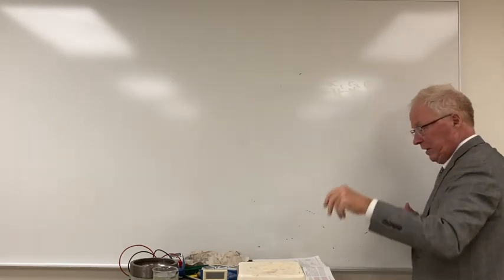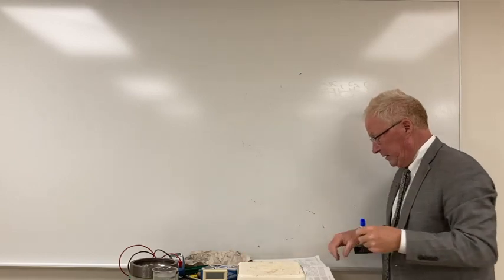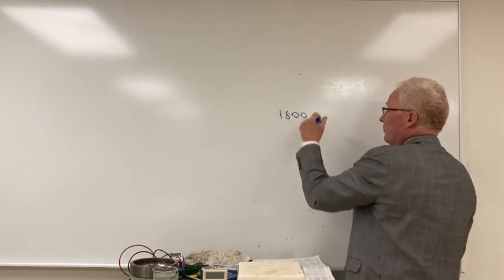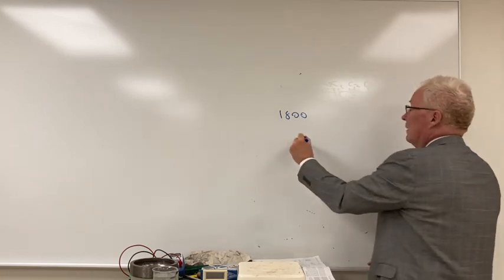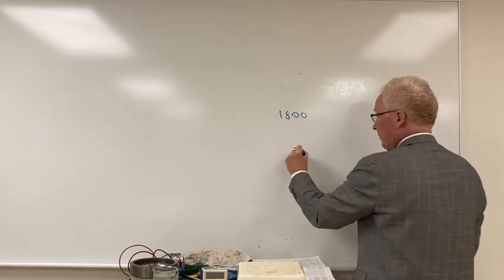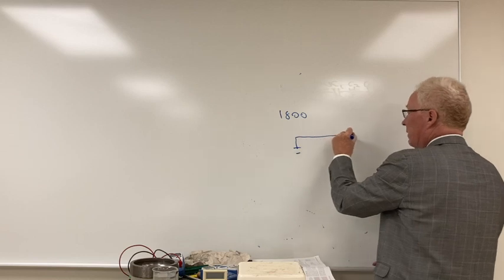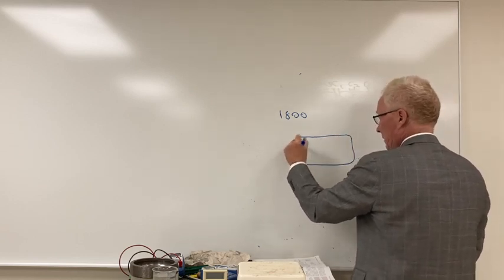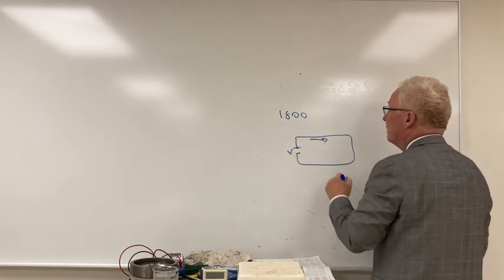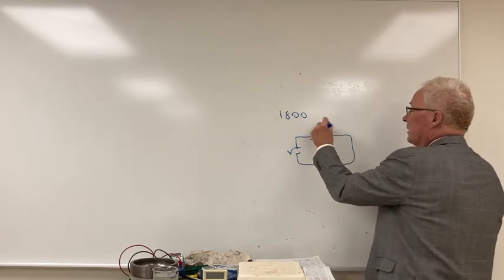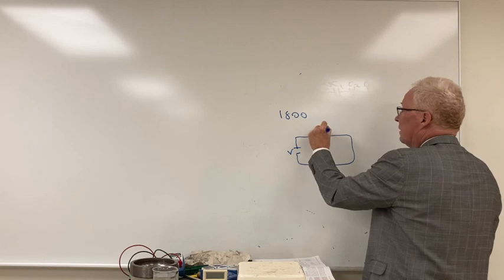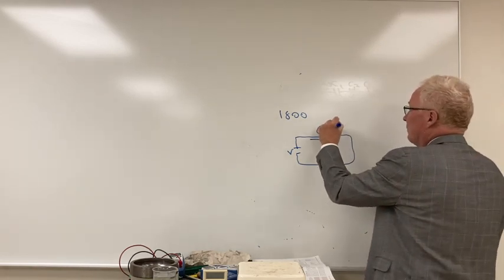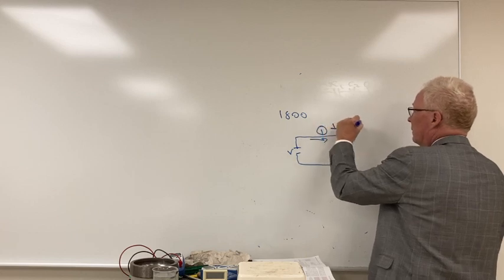Well, it turned out back in about 1800, when they first were able to create currents, that if you have a battery with a wire and create a current in the wire, a compass would be deflected perpendicular to the wire.